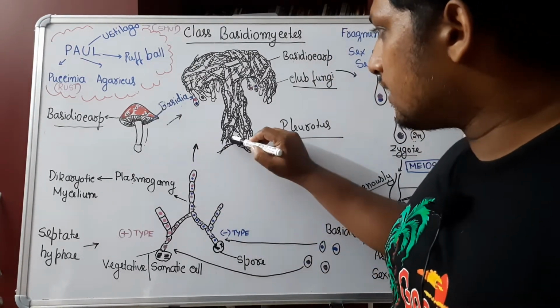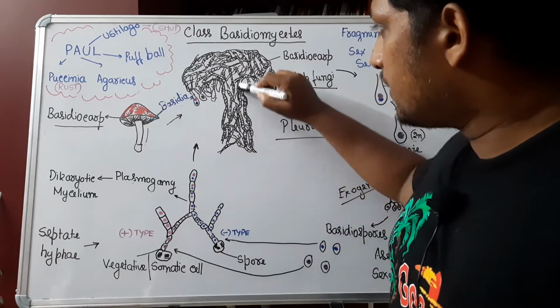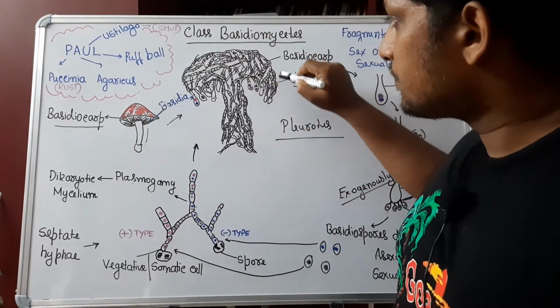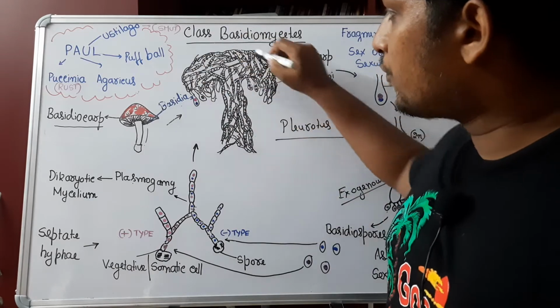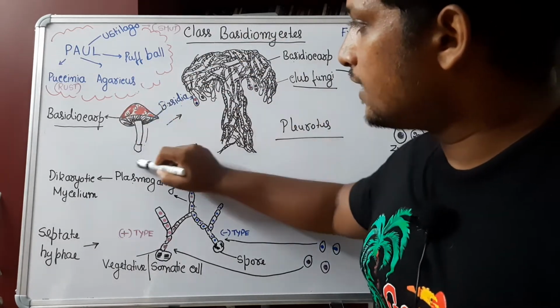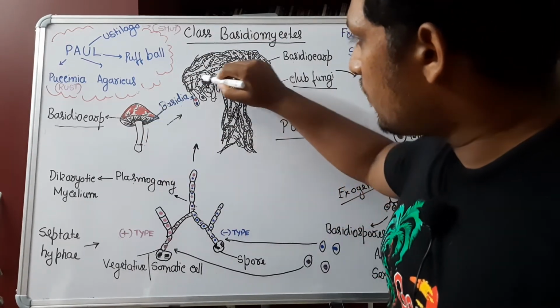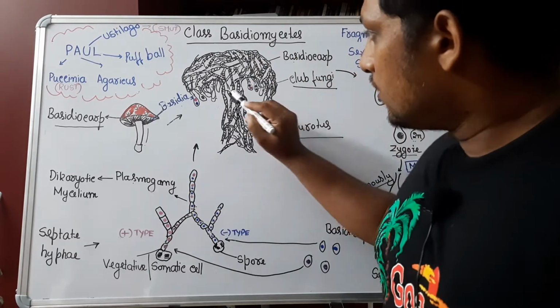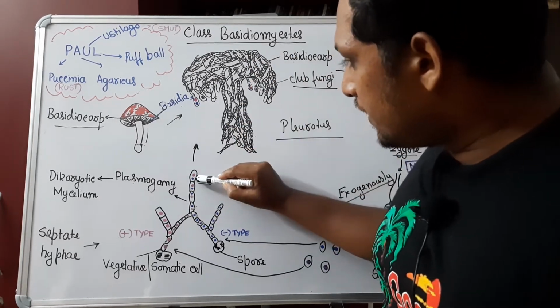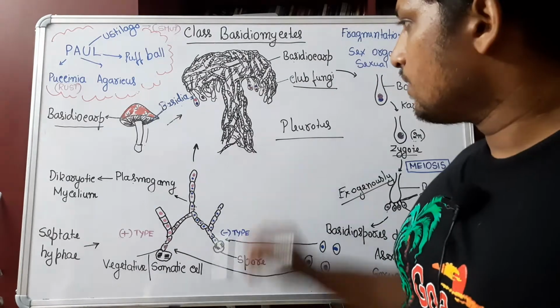They grow further. Look here, they grow completely to form a fruiting body. This is the fruiting body known as basidiocarp. I have shown it with all the mycelium in the dikaryotic stage.